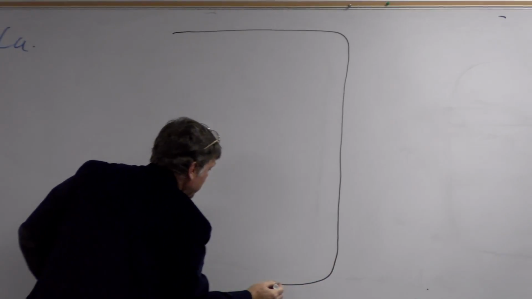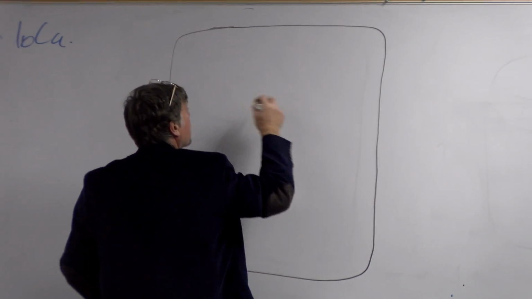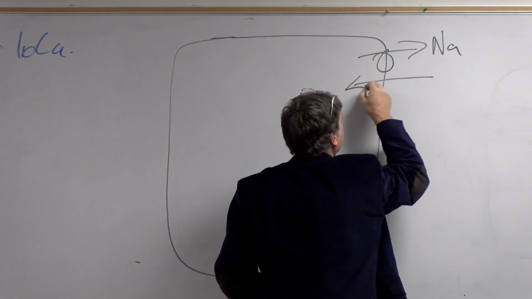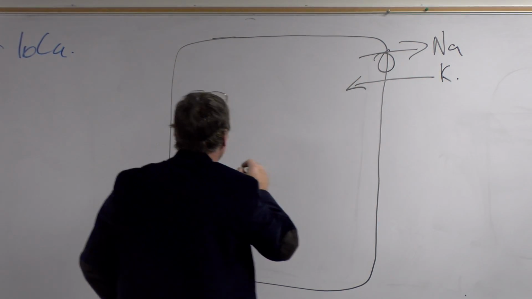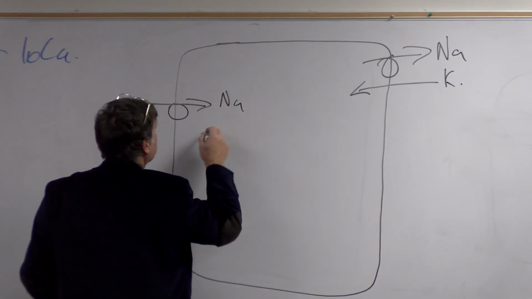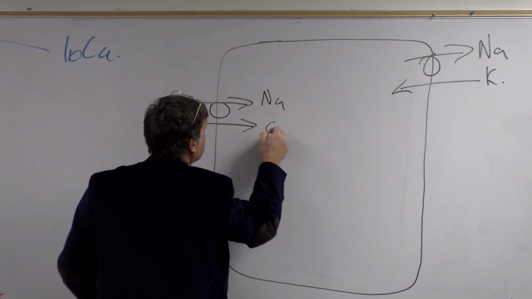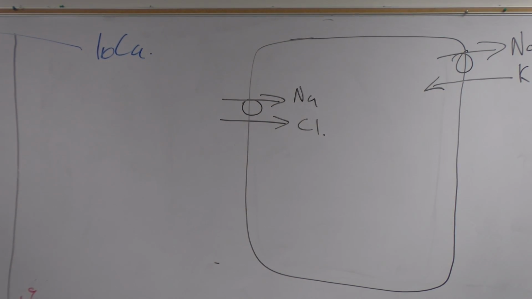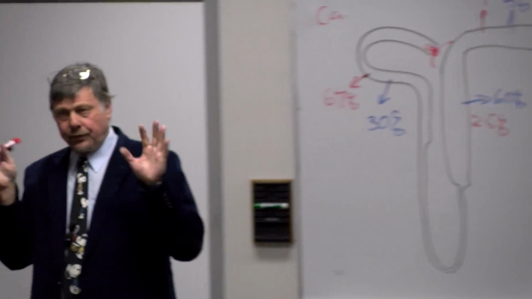Okay, that last diagram. So now we're in the distal nephron. Okay, in the distal nephron, this is the thiazide sensitive area, remember?